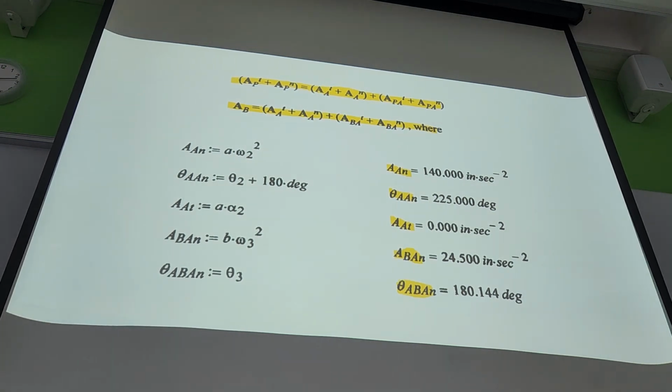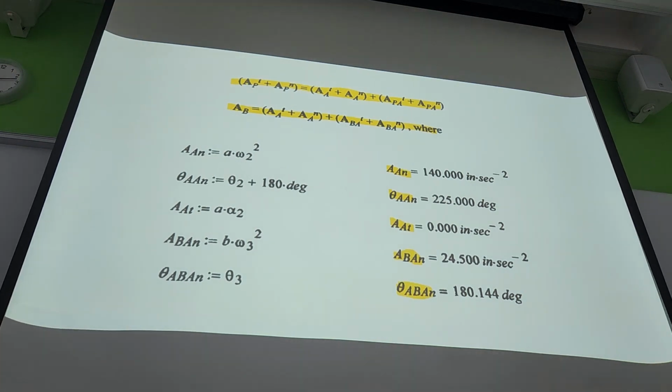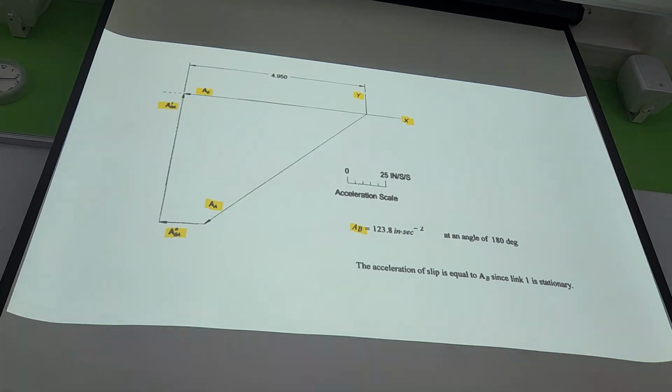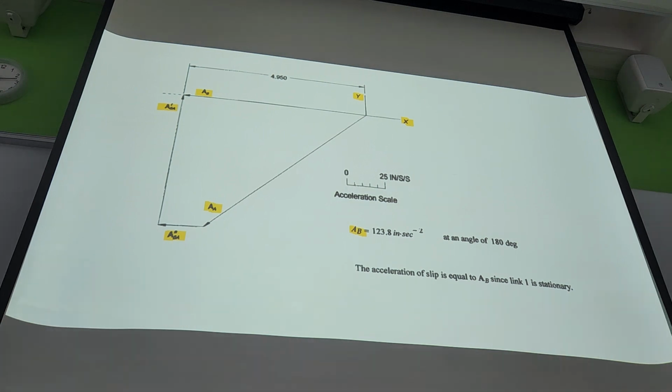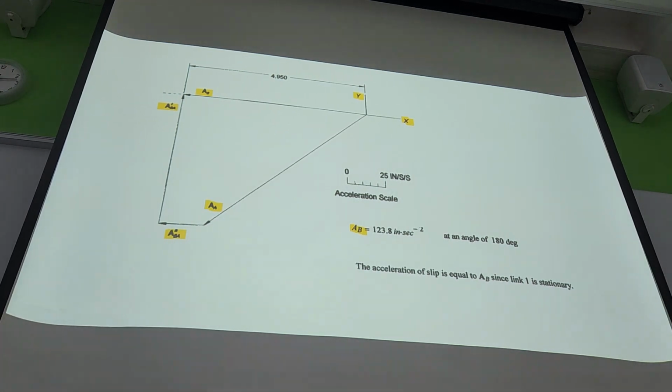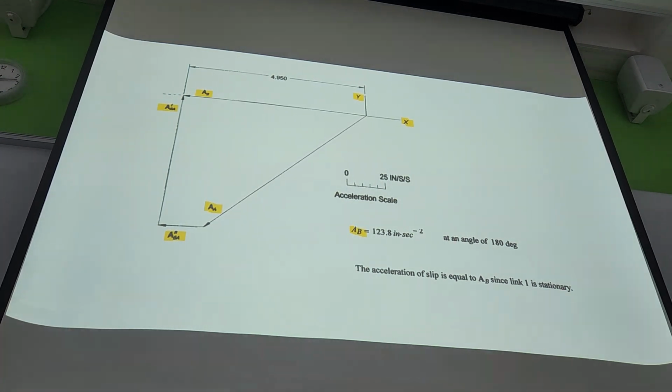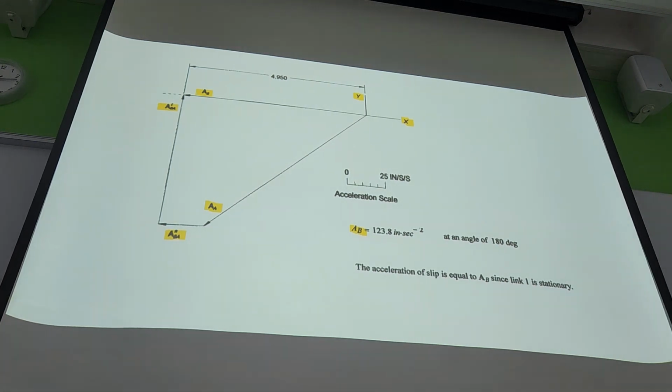Now you have to plot the mechanism and the velocity and acceleration polygons. How do we start? You choose an appropriate coordinate axis x and y. Acceleration of A, you know both magnitude and direction, so you can plot this vector.